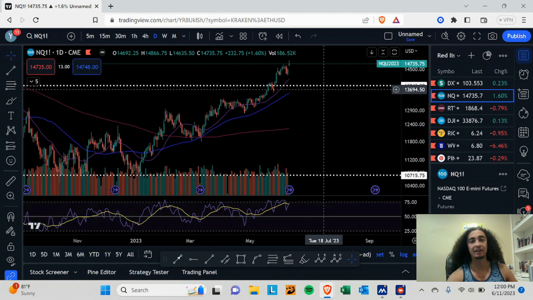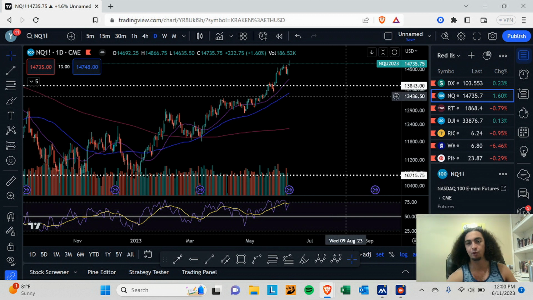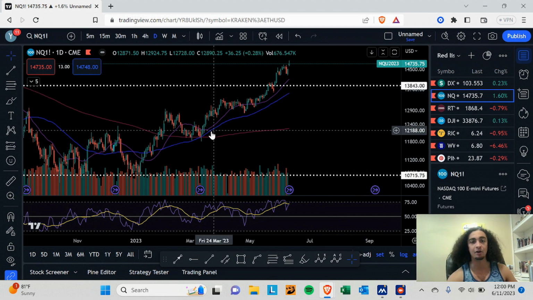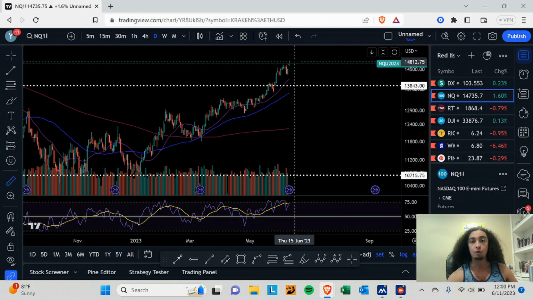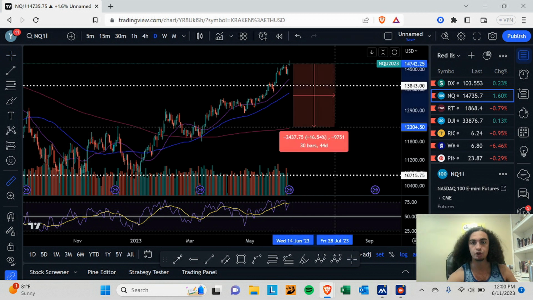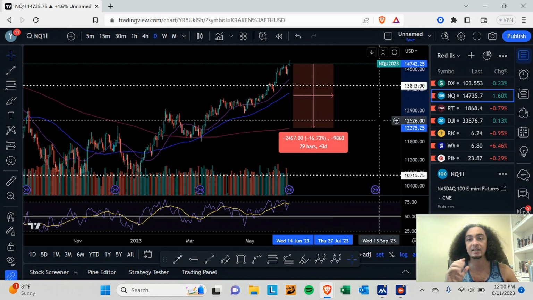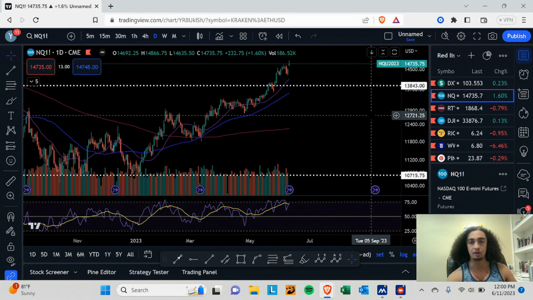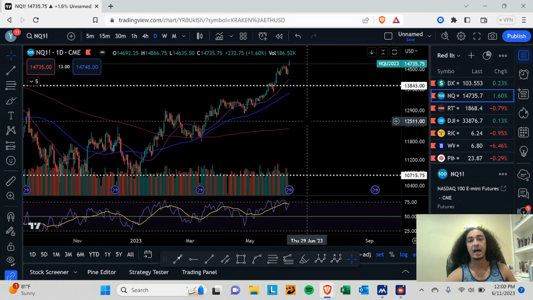I think that we'll probably fall back below this 13,843 level, possibly even all the way down to this 200-day moving average, which would represent a fall of about 16, 17%, call it 17%.